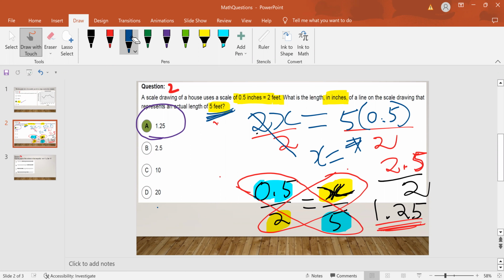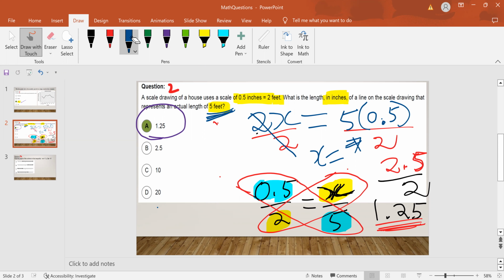If you use a calculator, you do 5 multiplied by 0.5. Even if you don't use a calculator, but you work it out, 5 multiplied by 0.5 gives you 2.5. Or you can understand it like this. The 0.5 is 50 cents, right? If you have 50 cents 5 times, what does that give you? 50 cents 2 times gives you $1. 50 cents 2 times again gives you another $1.